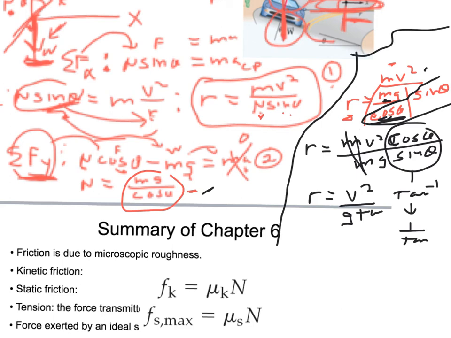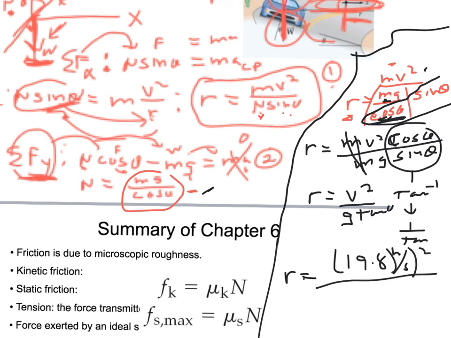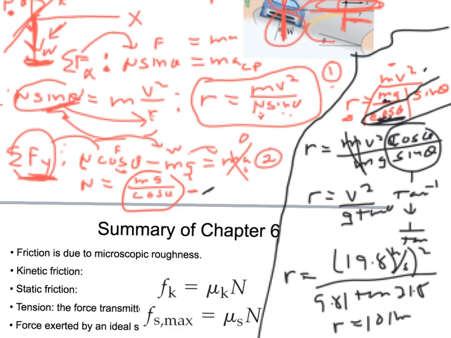So we put our tangent down here, and then we can go ahead and actually plug values in. So r equals v squared, and v is 19.8 meters per second, all squared, divided by our 9.81 times our tangent of 21.5. So r ends up equaling 101 meters.